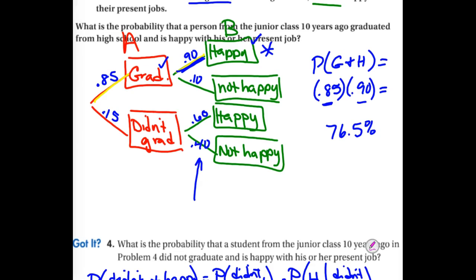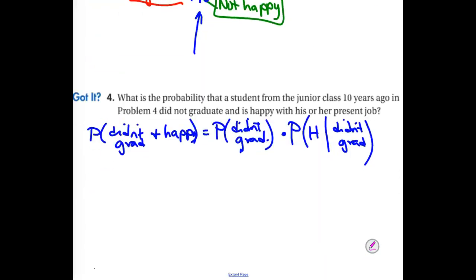We want to go didn't graduate and is still happy with their job. Yes? So we're going to multiply the 0.15 and the 0.6. What do we end up with?